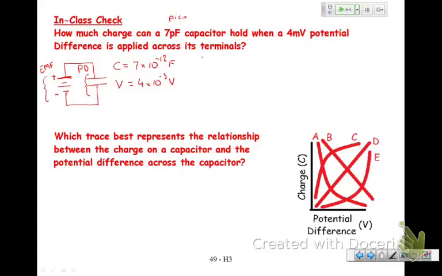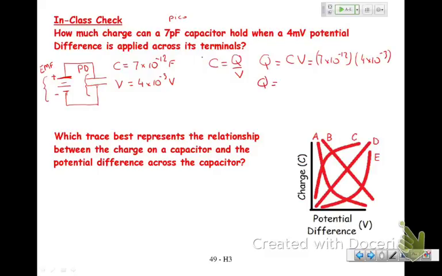So I say, how much charge? Capacitance equals charge divided by voltage. So charge is equal to capacitance times voltage, which equals, better stay in SI units, 7 times 10 to the minus 12 times 4 times 10 to the minus 3.